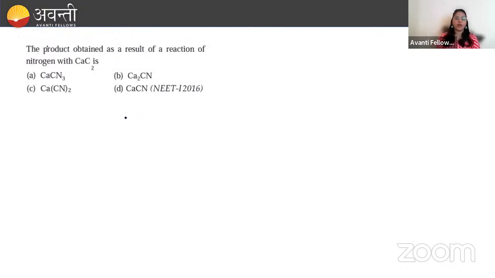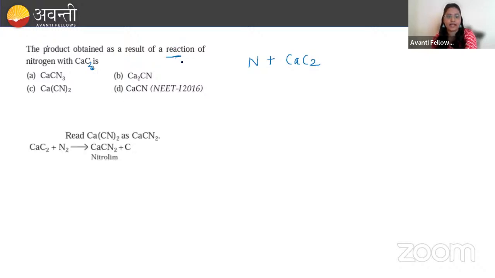Next, the product obtained as a result of the reaction of nitrogen with calcium carbide. So what is the reaction between nitrogen and calcium carbide? What will you get as a result of this reaction?